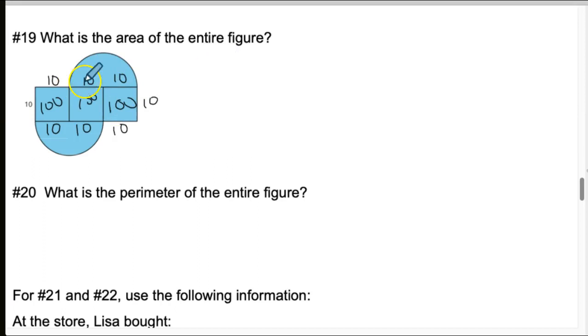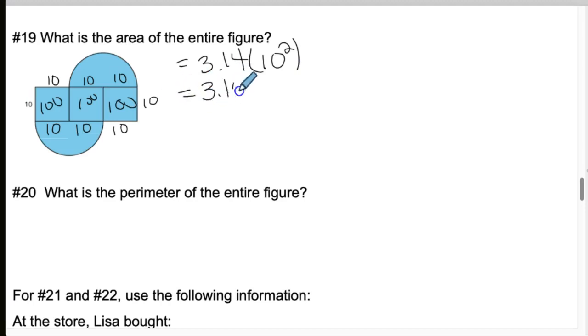Now I have two half circles. Technically, I could take this piece right here and shift it over and move it down, and I'd have one full circle. So I need to find the area of the full circle. Area is equal to pi r squared. So pi is 3.14. The radius, notice that this is halfway through the circle and this one's halfway, so my radius is 10 squared.